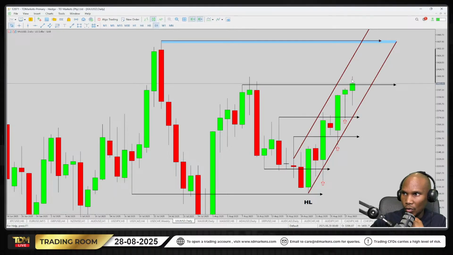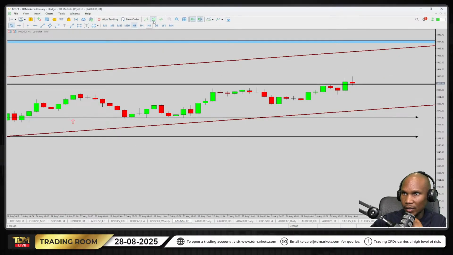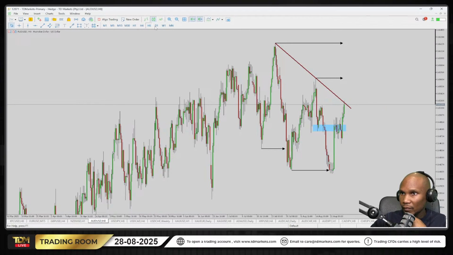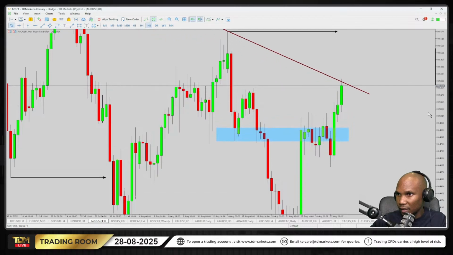So you see how gold is just trying to fight around that area. Maybe let's have a look at AUD USD, because AUD USD is on the trend line now. So let's see what is happening here.